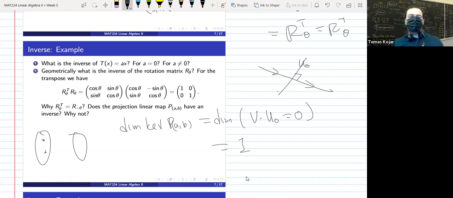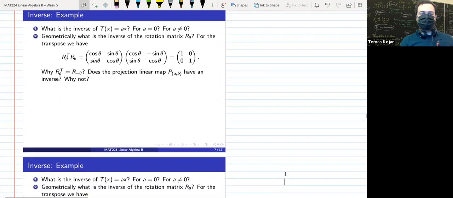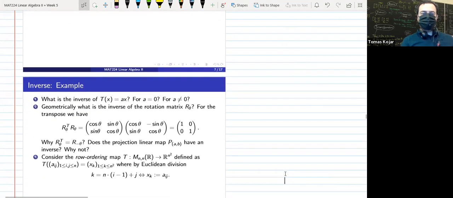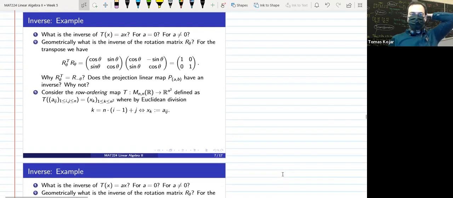Because if you map two things to 1, then you cannot invert that. You cannot decide where to map to. So it's not a well-defined map. I mean, we can prove why you need injective. Not 1-to-1, yes. All right.